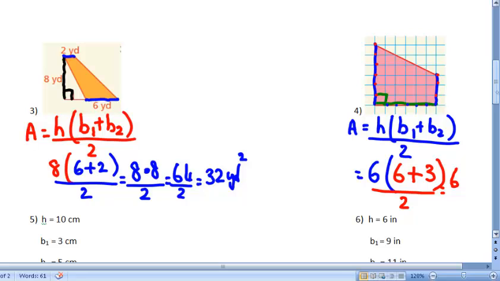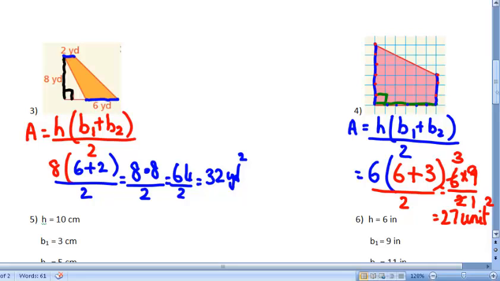That gives me 6 times 9 over 2. I'm just going to cross this out. 2 goes into 6 three times, 3 times 9 is 27. In this case, they did not give me a unit, so I'm just going to leave it as unit square.